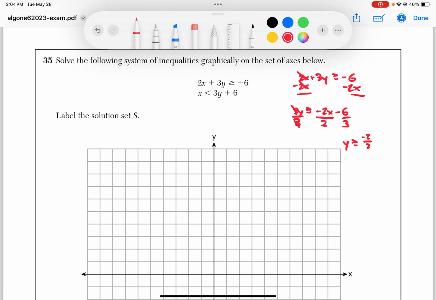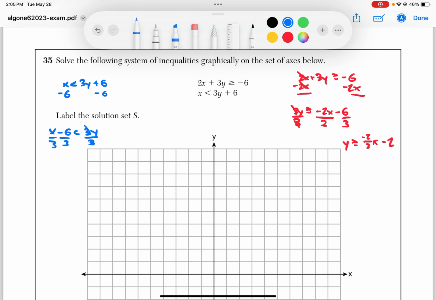Negative 2 over 3x. Negative 6 over 3 is negative 2. x is less than 3y plus 6. Okay, that 6 is a problem because it's on the same side as y. So we have x minus 6 is less than 3y. So divide both sides by 3.